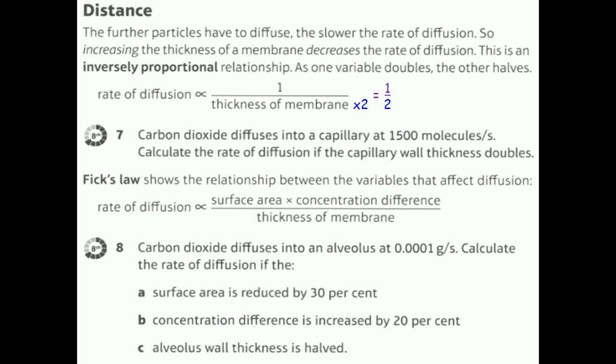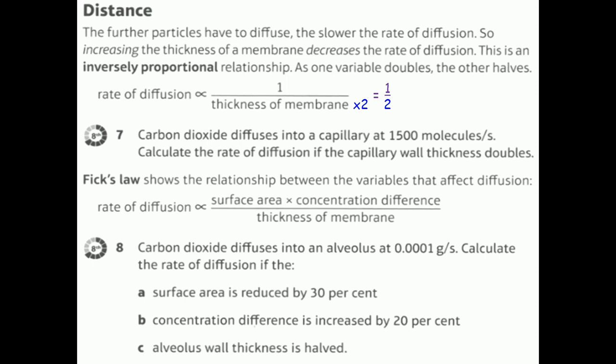So if you look at an example here in question 8, the carbon dioxide diffuses into an alveolus at 0.0001 grams per second. So calculate the rate of diffusion if A, the surface area, is reduced by 30%. If we reduce the surface area, we should understand that the rate of diffusion should also decrease by 30%.